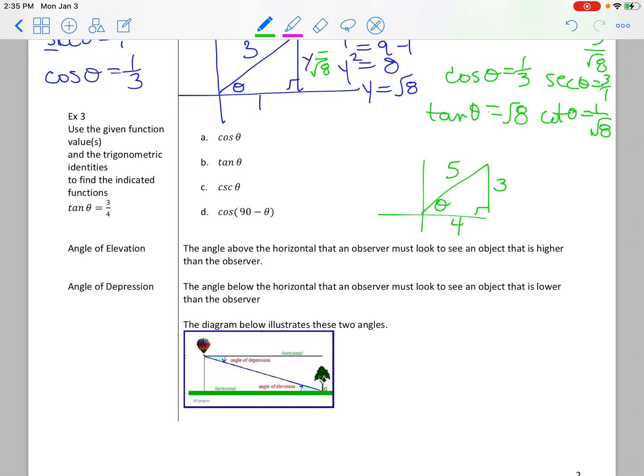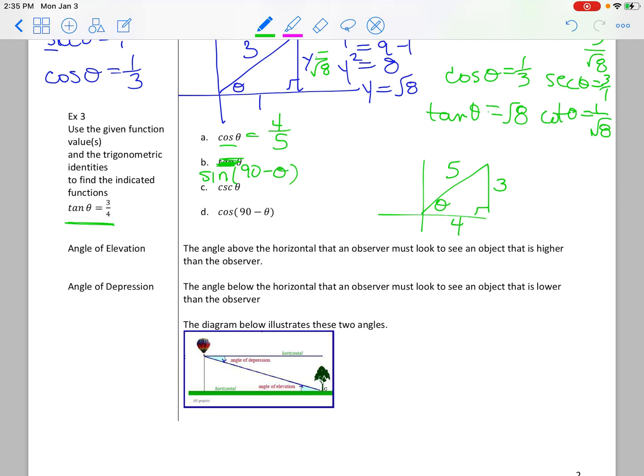Now, cosine of theta is going to be 4/5. Tangent, well, we already had tangent, so let's just change that to cotangent. Actually, I'm going to change it to something a little more complicated. So let's say I want the sine of 90 minus theta.